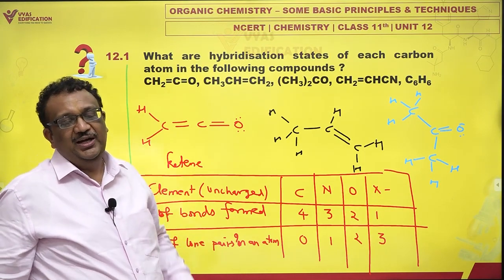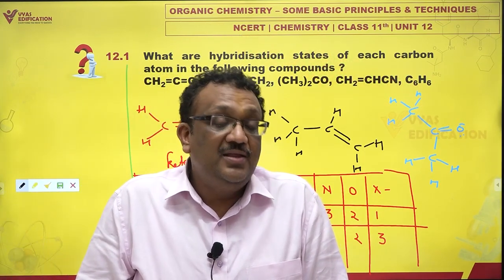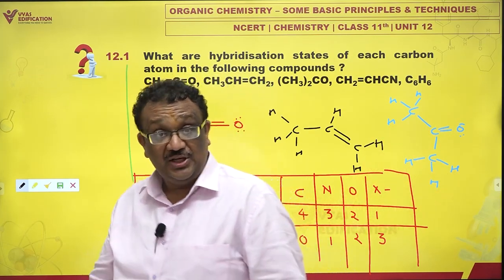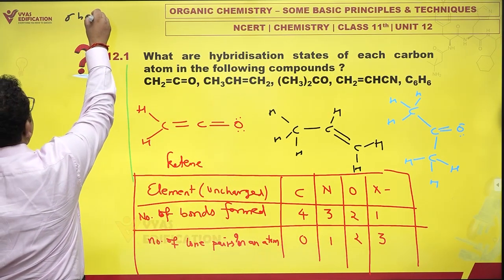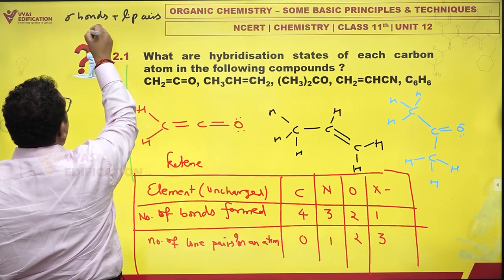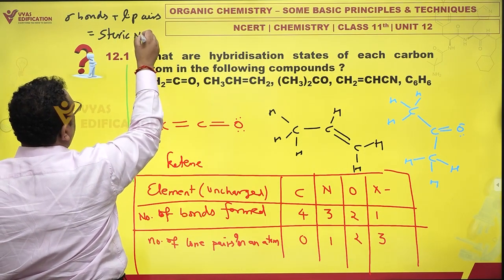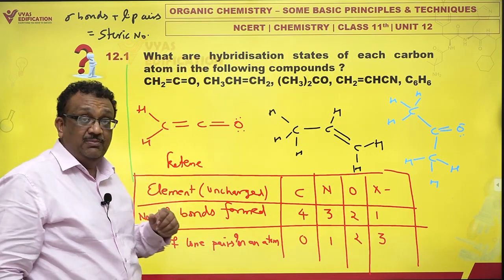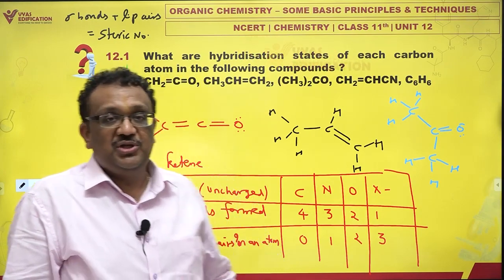Now, how do I decide hybridization? For deciding hybridization also, there is a trick. Just count the number of sigma bonds plus lone pairs. Sigma bonds plus lone pairs is what we call the steric number. And between 2 atoms, please remember, there can be only 1 sigma bond. All the extra bonds are pi.